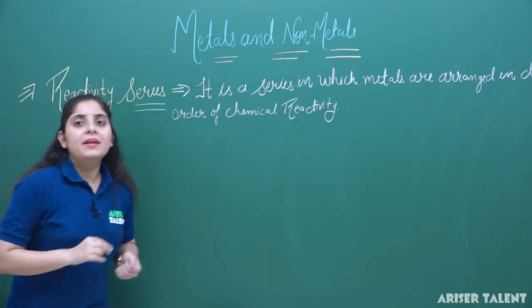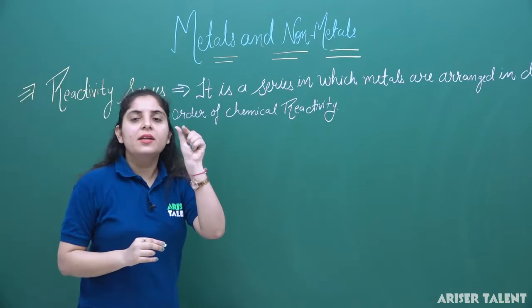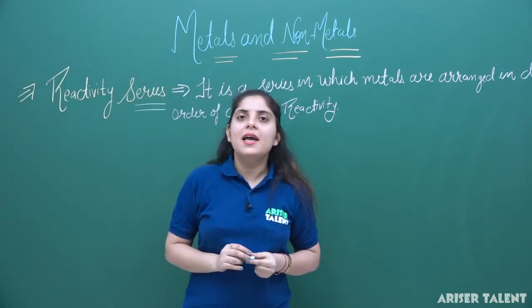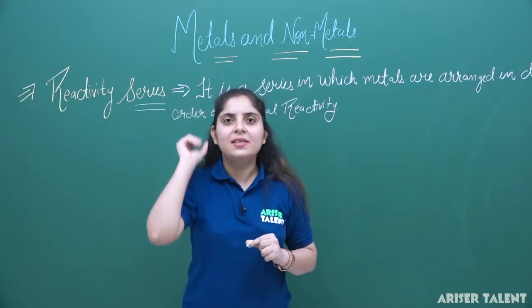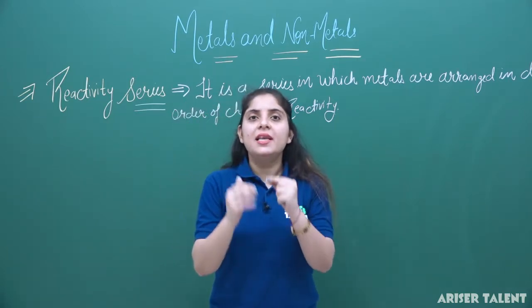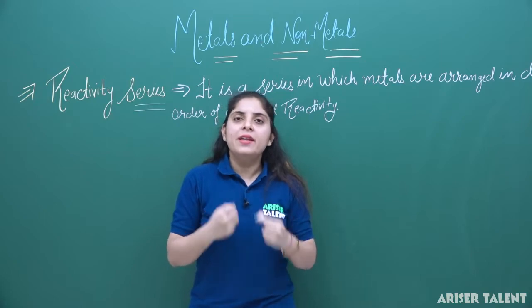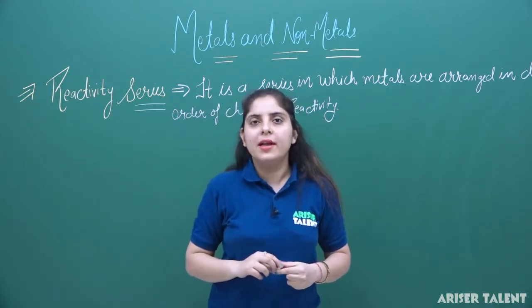Metals are specifically arranged in the decreasing order of reactivity, as I have already said: the metal which is more reactive is placed at the top of the series, and the one which is less reactive or reacts very slowly is placed at the bottom of the reactivity series.